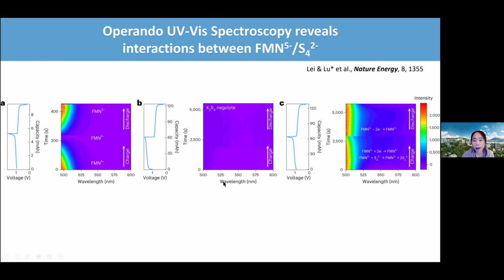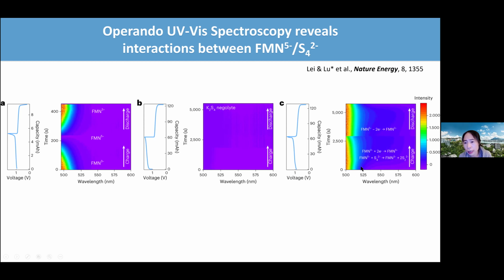And with polysulfide, in the range that we are looking at, there is not much change during this charge and discharge. And so once you put the FMN into the polysulfide electrolyte, there's something interesting you can see.